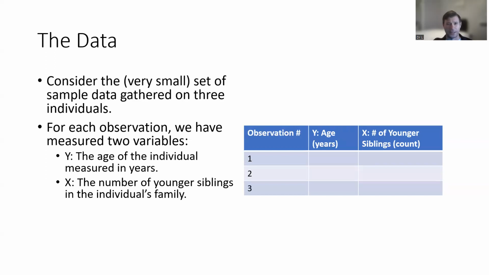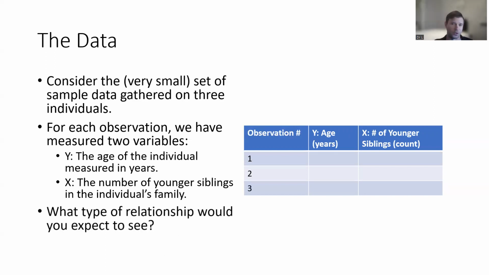And it's always a good idea just to take a preliminary guess at what you might think the relationship would be between those 2 variables. And if you're worth saying maybe there's not that much of a relationship between them, that may be the case. Really, it depends on empirically what we see in the data. But I would suggest if you think about a child that's very, very young, not even 1 year old, the likelihood that they have siblings is probably very low, specifically siblings that are younger than them.